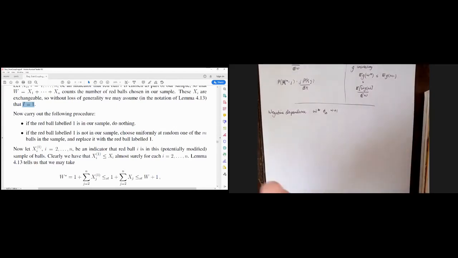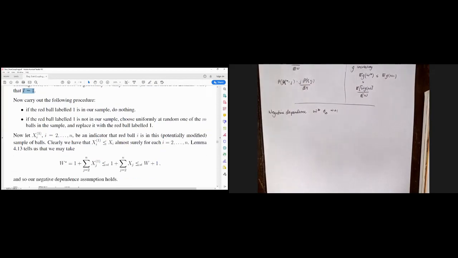If it already is, leave it there and do nothing. If it's not there, just choose one of the things that are there and replace it by this thing that wasn't there before. That's essentially the same as conditioning on the fact that that ball was in my sample to begin with. I'm conditioning on the fact that this particular red ball that I've distinguished from all the rest is there.